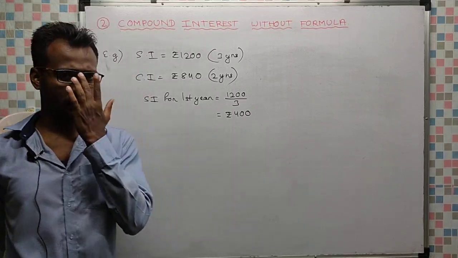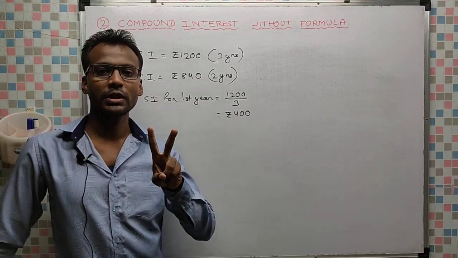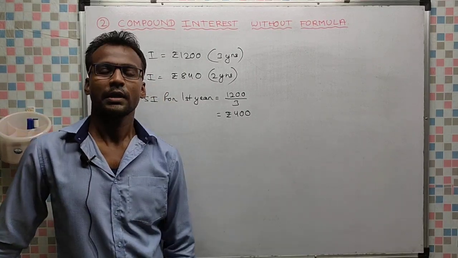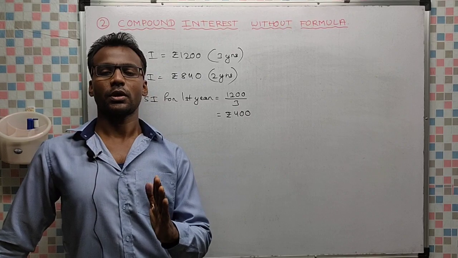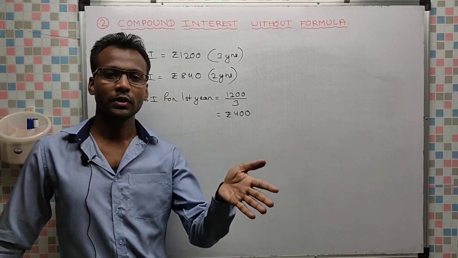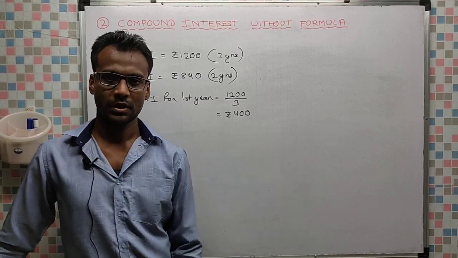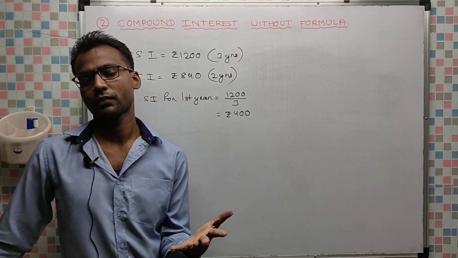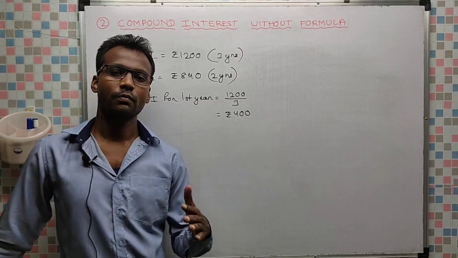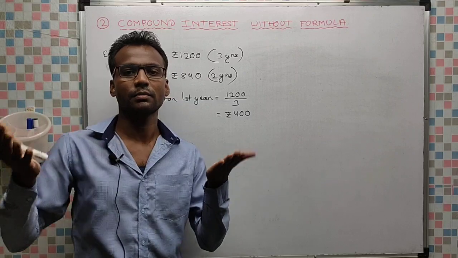And I had explained the concept, the relation between simple interest and compound interest in part 1, that for the first conversion period or for the first year, simple interest and compound interest are always same. Then from the second year or from the second conversion period, the compound interest goes on increasing. The simple interest remains the same.